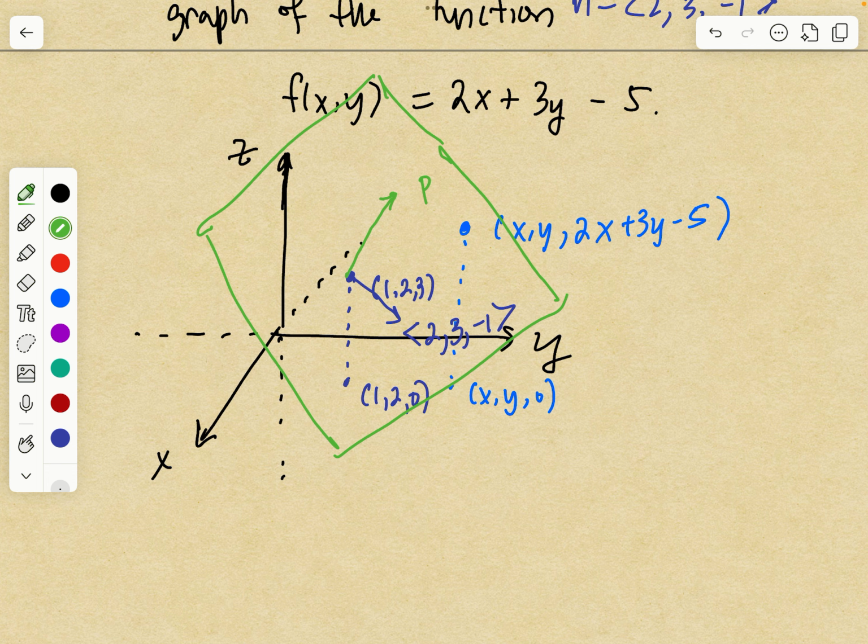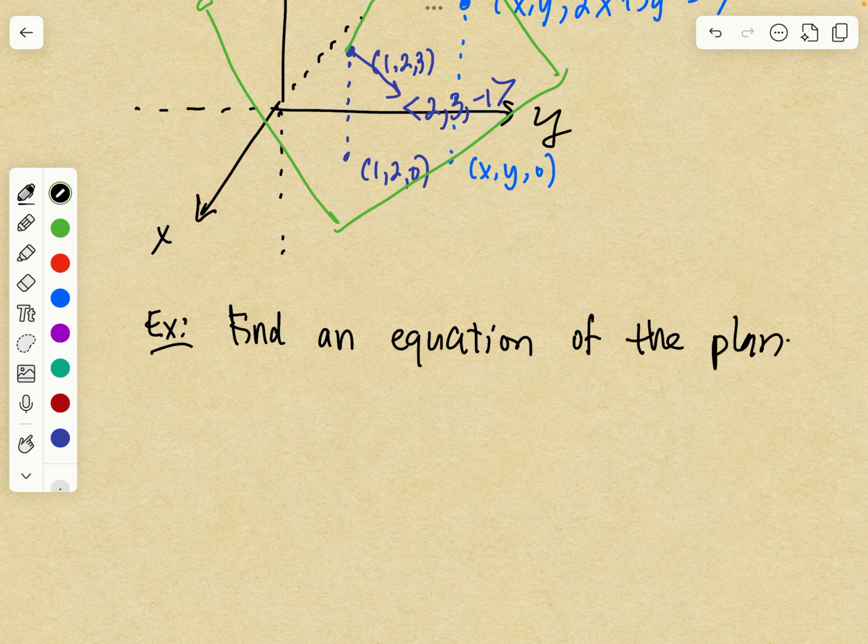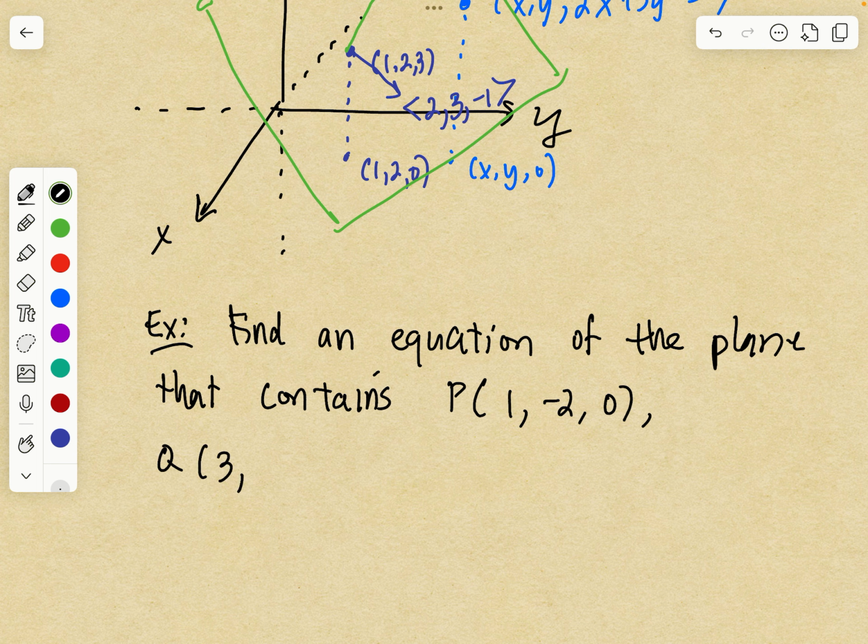Okay, so let's do some examples. Find an equation of the plane that contains P, which is 1, negative 2, 0, Q, which is 3, 1, 4, and R, which is 0, negative 1, 2.